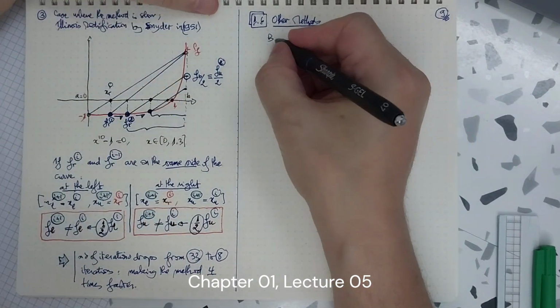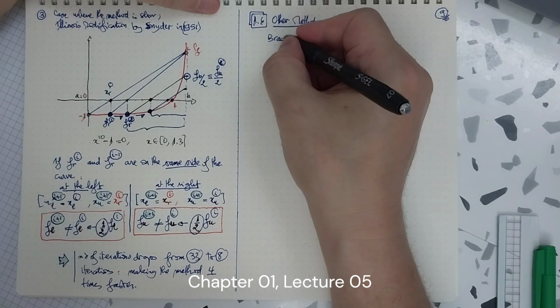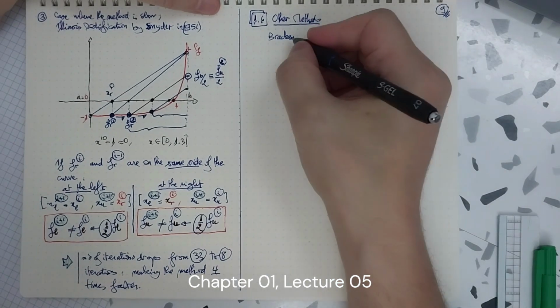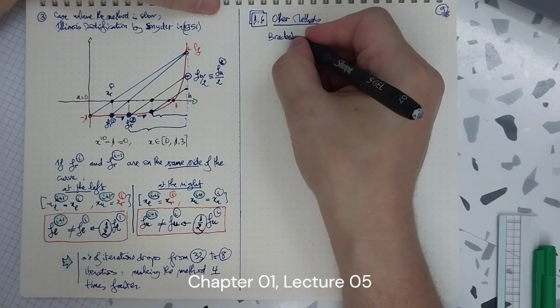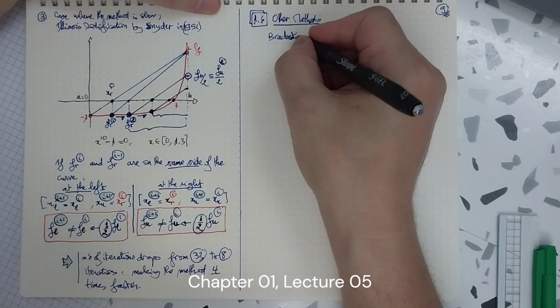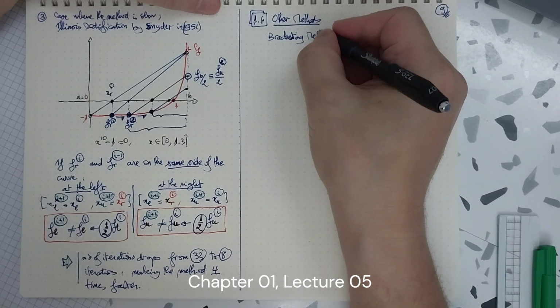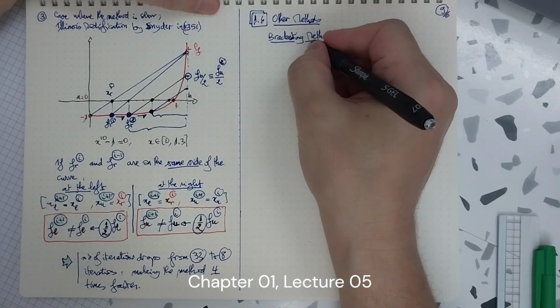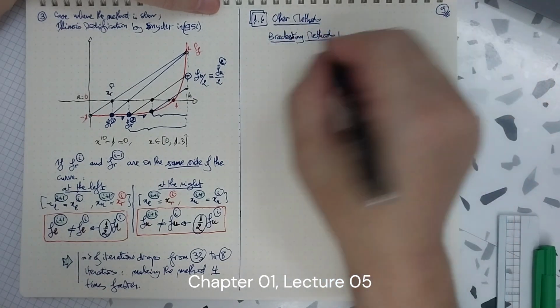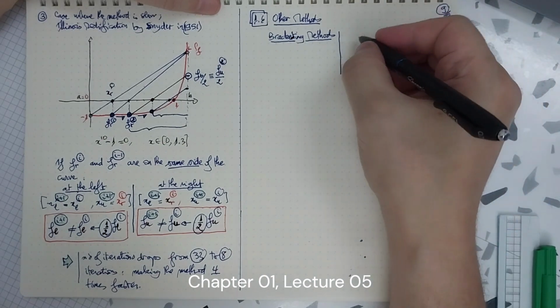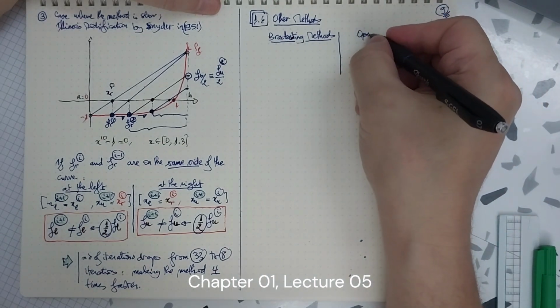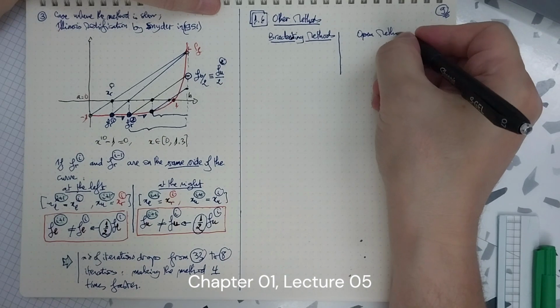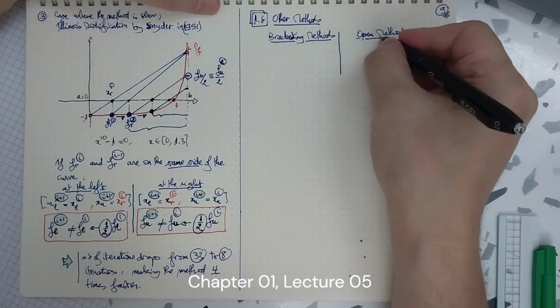The bracketing methods that bracket the solution will always converge, and open methods might diverge.